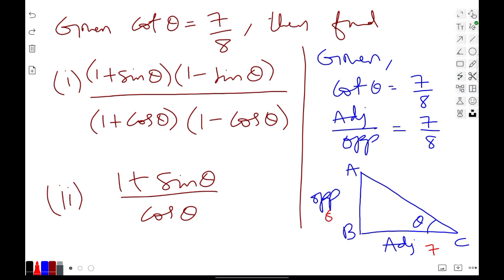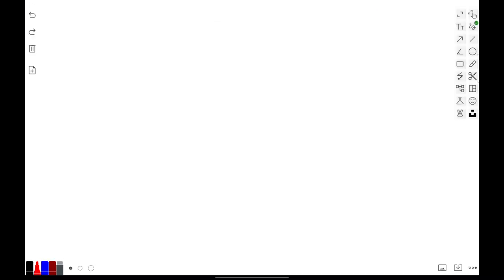With the help of these values you need to find the hypotenuse AC. So using the Pythagoras theorem, AB square plus BC square is equal to AC square, right? Let's do it on the next page. By Pythagoras theorem, AC square is equal to AB square plus BC square.